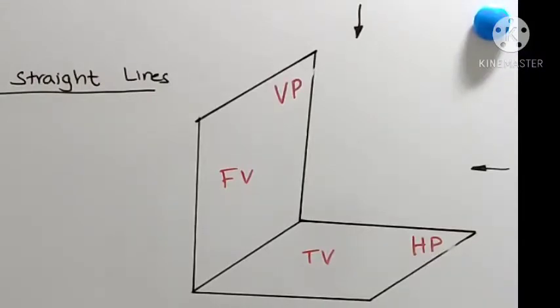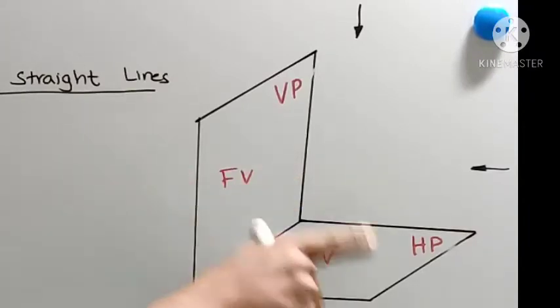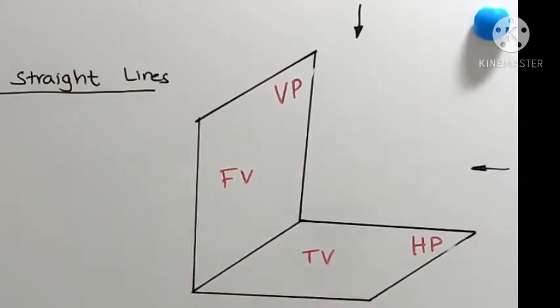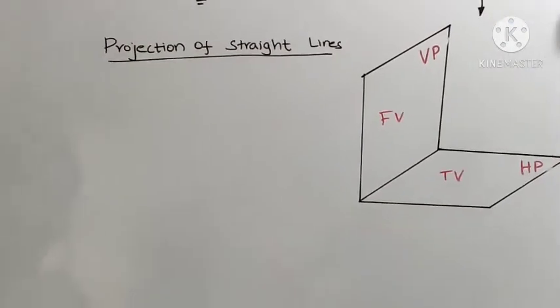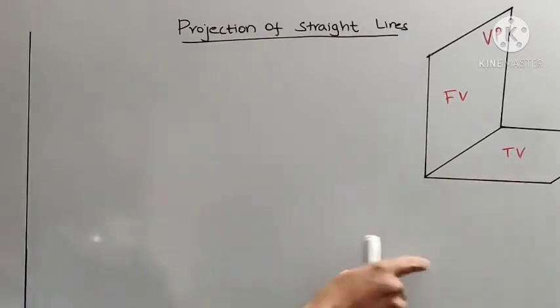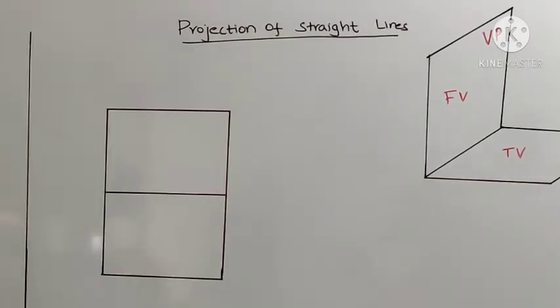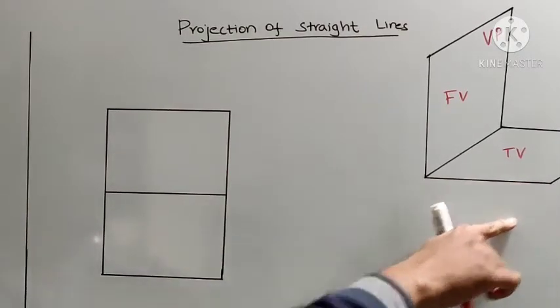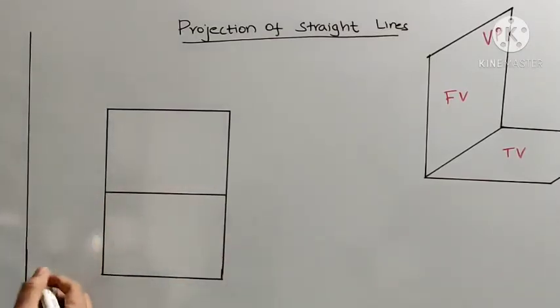Okay. So after that, what will happen? In order to make it convenient to draw in the drawing sheet, because this is a pictorial representation, it's very hard to draw. Our objective is to draw the orthographic projection, that is 2D view. So in order to make it convenient, the horizontal plane will be rotated clockwise 90 degree. Once you rotate the horizontal plane clockwise 90 degree, you will get something like this.